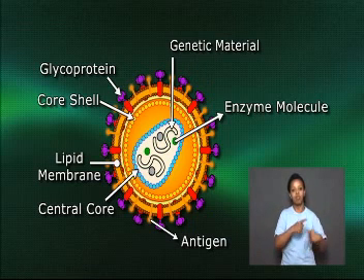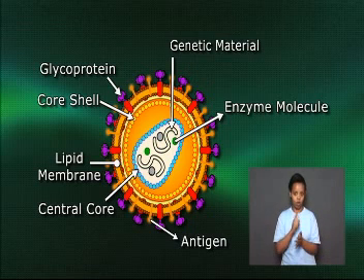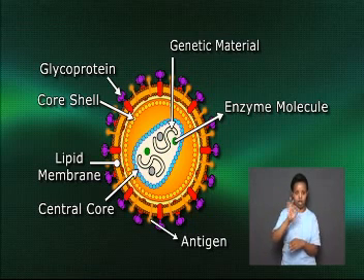An envelope of lipids surrounds the protein coat. This envelope is a membrane from a host cell. It is important to note that not all virus particles have an envelope surrounding the protein coat.